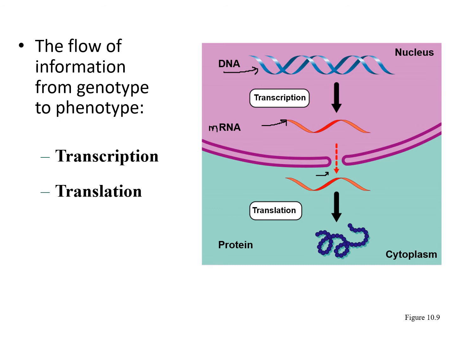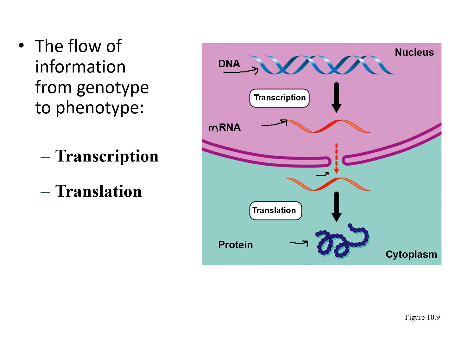And once it's in the cytoplasm, it's going to come into contact with ribosomes and the cellular machinery that is able to actually translate that into a functional protein. So translation is when the message that's held within the RNA is made into a protein.